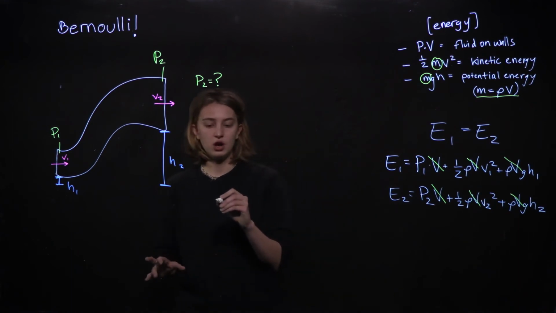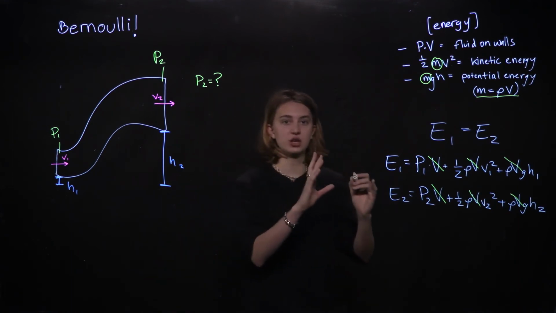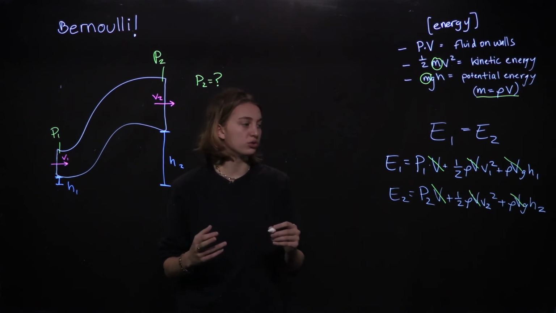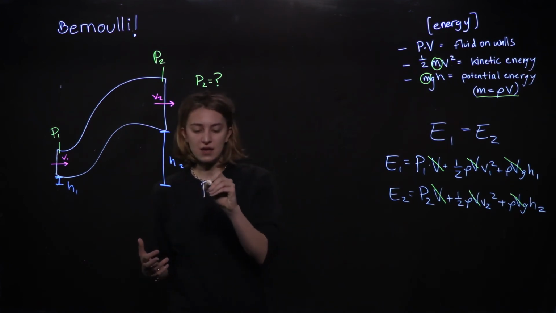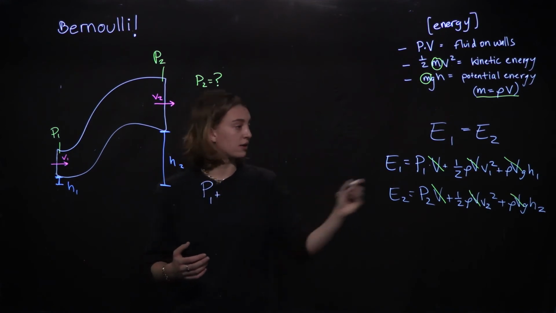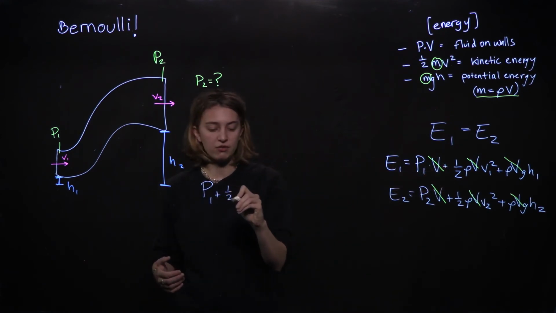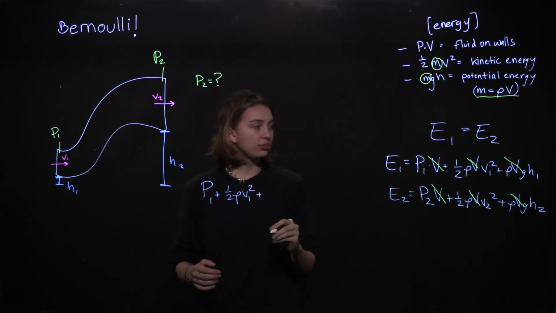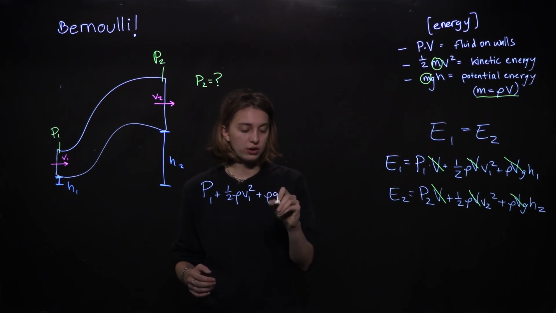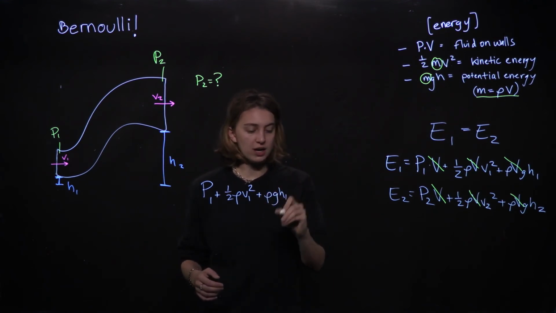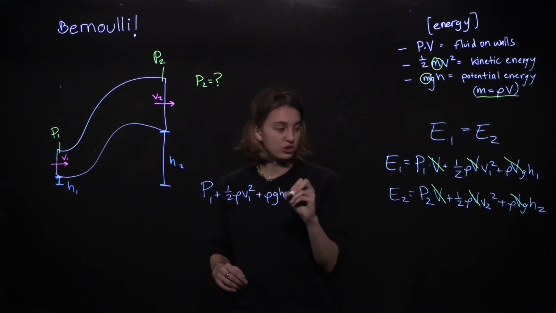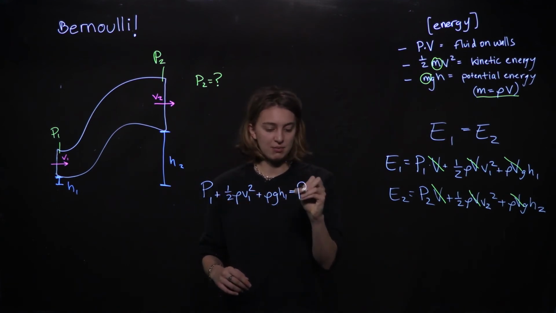So we have on one side E1, on the other side E2 in order to show the conservation of energy, and that's P1 plus 1/2 rho velocity 1 squared, and that's our kinetic energy term, plus rho g h1, and that's our potential energy term, and then the same for the second side.